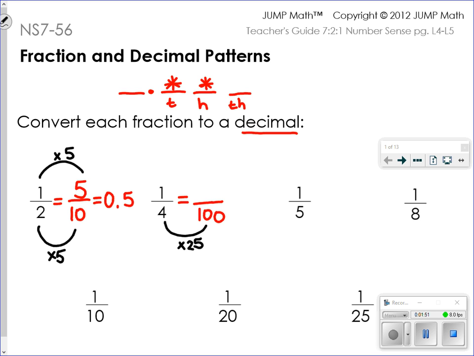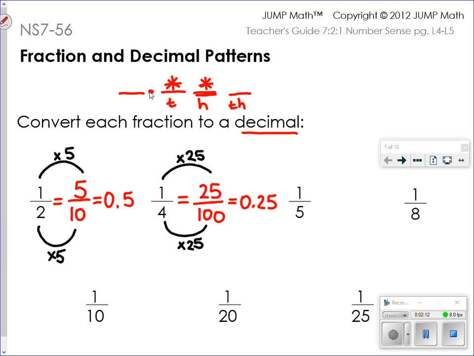Think of quarters, think of money. 4 25s is 100 cents, a dollar. So do the same thing on the top. Multiply 1 by 25, and I end up with 25 hundredths, which now I can write as a decimal. That's 25 ending in the hundredths position, the second position after the decimal.